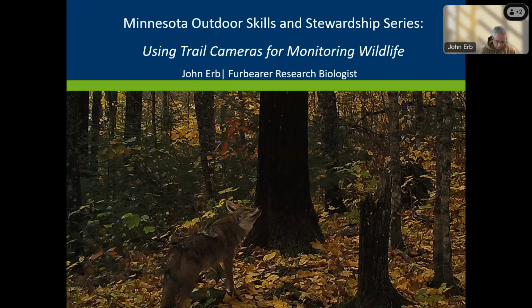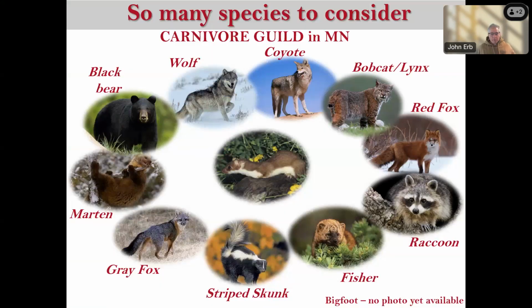One of the first things you have to consider when you're using trail cameras is, what do you want to monitor? It's nice to think that there's sort of a one size fits all, that you can give a recommendation that's good for all wildlife or other things you want to monitor. But like most things, one size fits all sometimes results in you getting a lot of average stuff for many things.